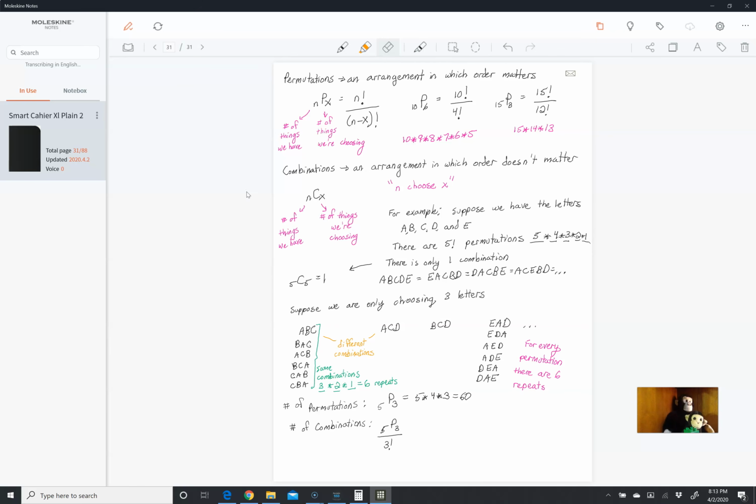How many repeats are there? Well, the number of repeats is equal to the number of different ways that we could arrange each permutation, which is 3 factorial.